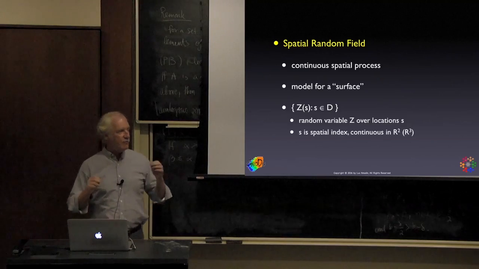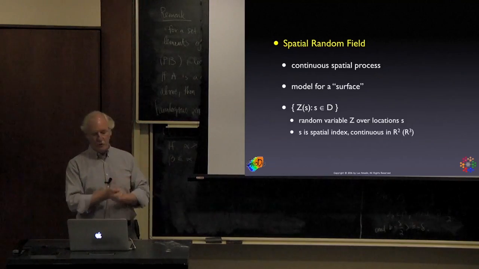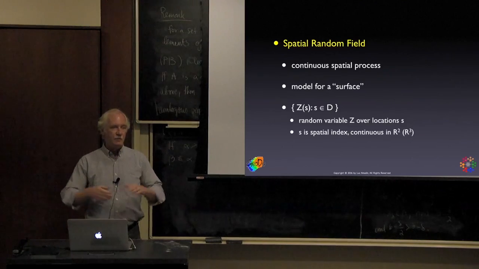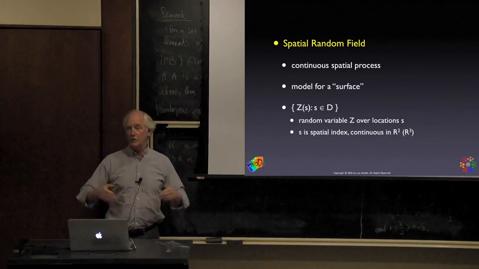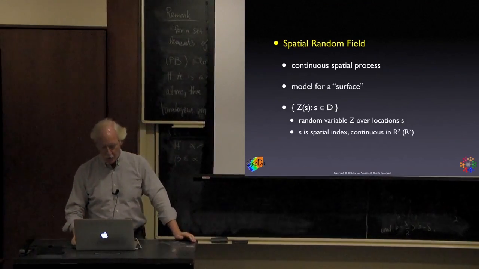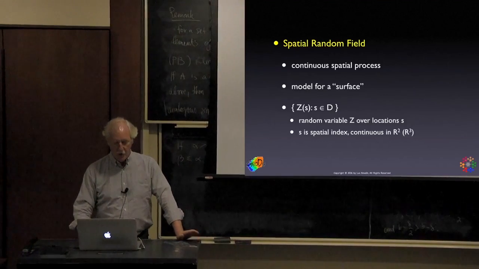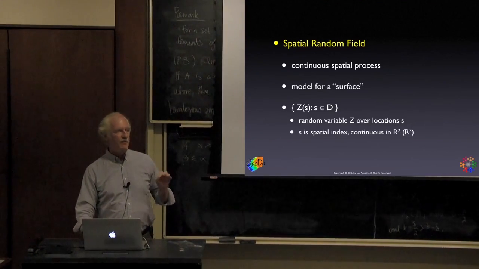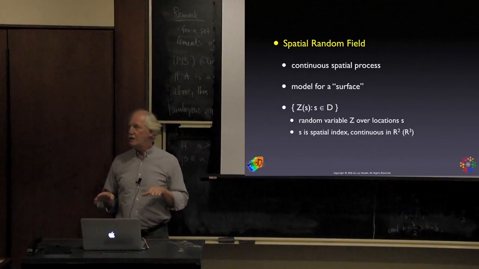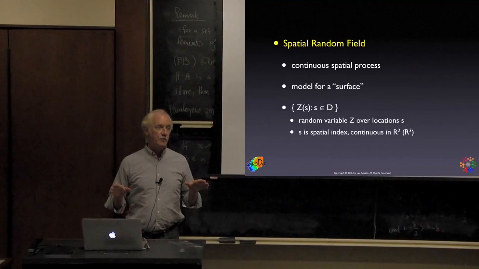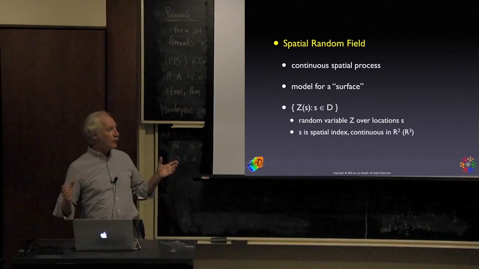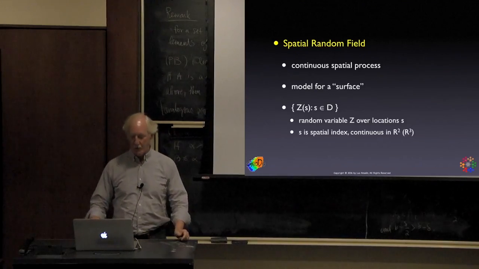You think of it as a random variable with a location attribute, and the spatial index is either two-dimensional or three-dimensional. If you throw in time, it could be four dimensions. So it's very general. But the key differentiating factor between this and what we've done so far is that it's continuous. So conceptually, there are infinitely many locations where you can measure this random variable.